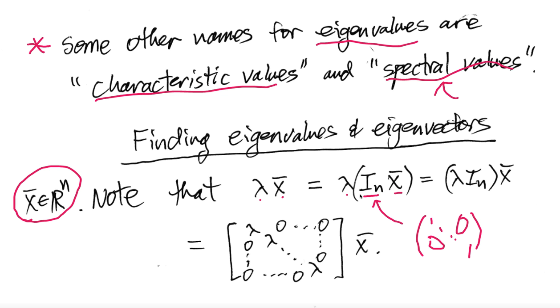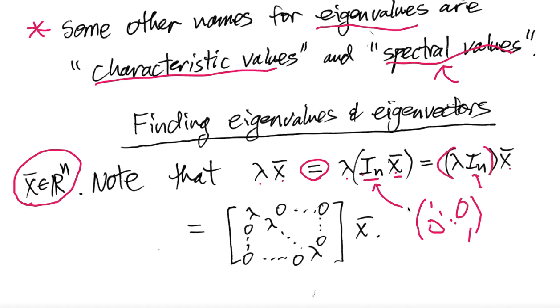If I took that and multiplied it by x bar, since x bar is an element of R^n, this just gives me x bar. Since that's true, these two must be equal. Now I'm going to use the associative property with multiplying matrices and scalars, and reassociate this product. That's lambda times I sub n, lambda I, times x bar.